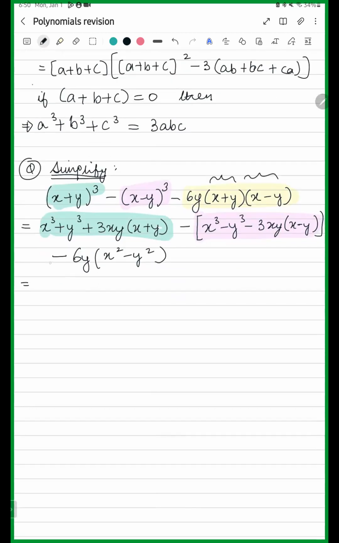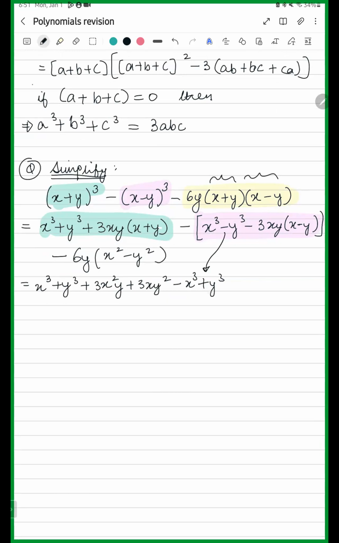Now let's first open all the brackets. X cube plus y cube plus 3x squared y plus 3xy squared minus x cube plus y cube. Don't make the mistake of writing minus over here.